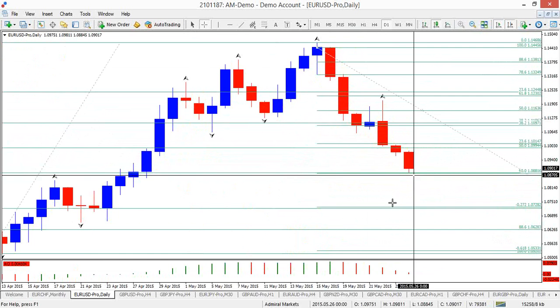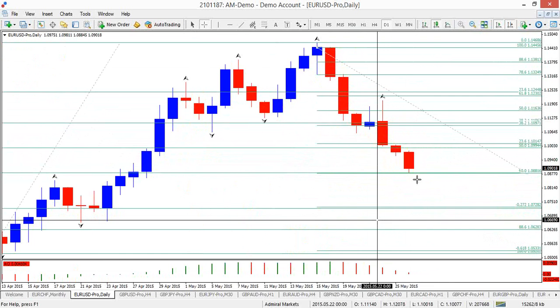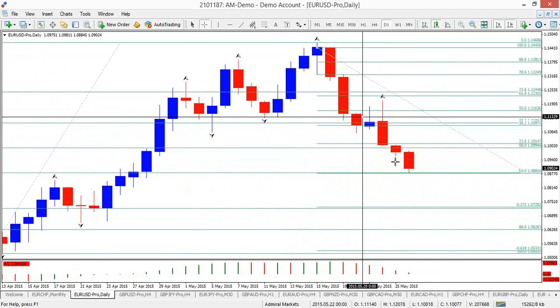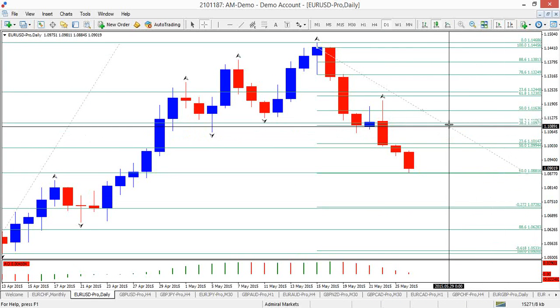Not an easy one because of the fact that price is making a pretty hefty momentum. Even if we get a relief rally, we could see one more downside here.